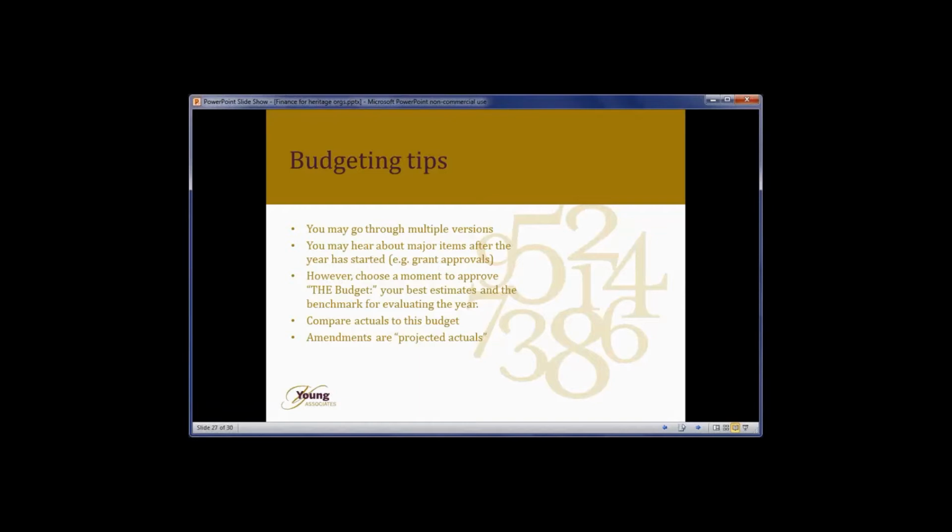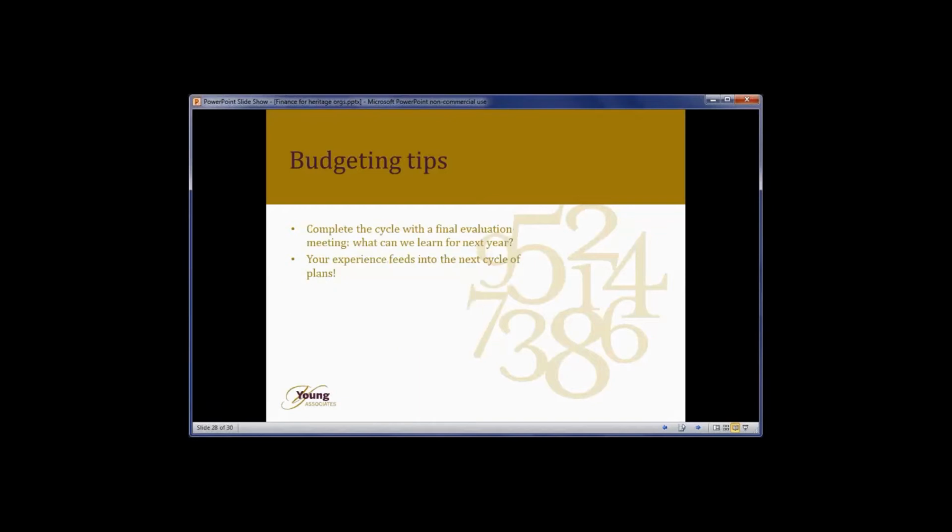Your projected actuals are composed of two things: the actuals for the year to date, so we've got a certain amount of experience, a certain amount of stuff has happened, and then your rebudgeting for the balance of the year. So that gives you enough columns and enough points of comparison that you should have a pretty thorough perspective on how your finances are evolving, and you should be able to critique exactly what's going on.